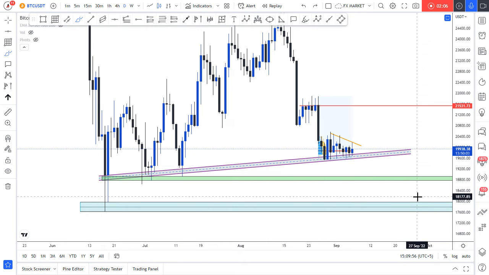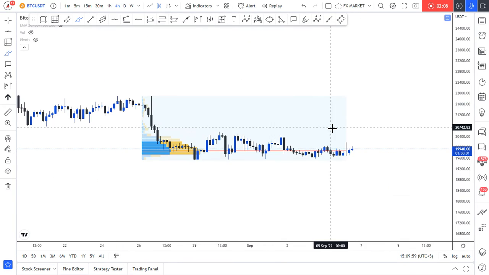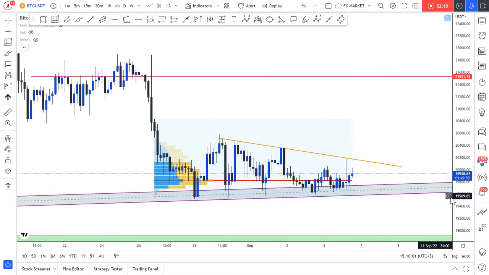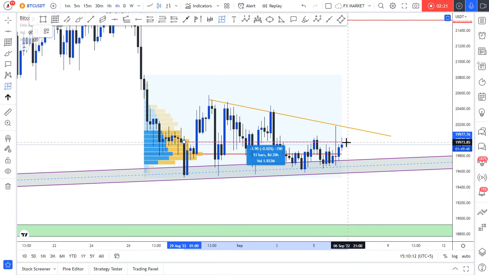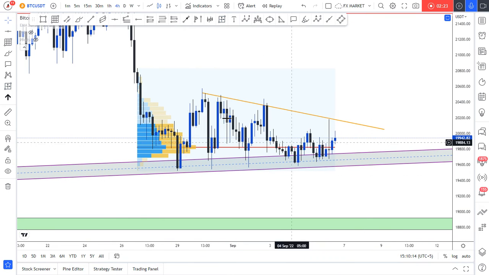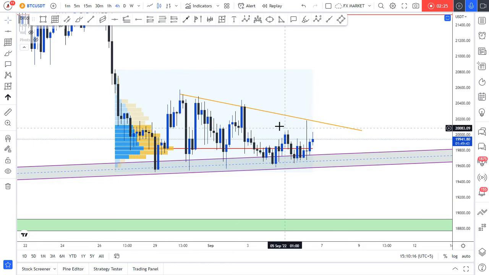All right, now let's go toward the smaller time frame, the 4 hour chart. Here we can see that price has been consolidating for around 8 days, and price is holding this level.